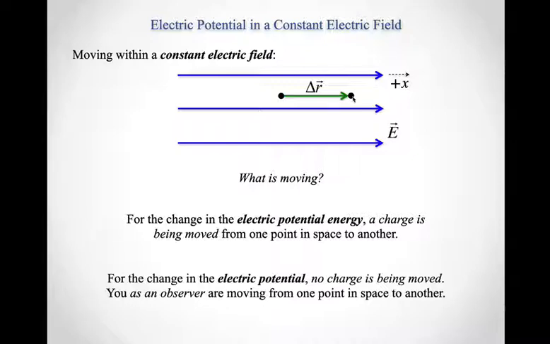There wasn't a charge there. The same thing's true in thinking about the electric potential. I don't have a charge that I'm moving around. I'm simply starting at one point in space, and I'm moving as the observer to a second point in space to figure out what's going on within that electric field. So when we talk about moving within an electric field, it's us that's moving, not a charge.